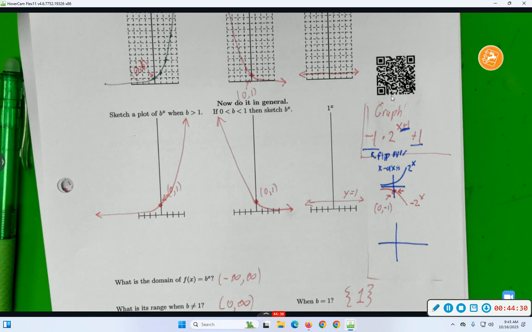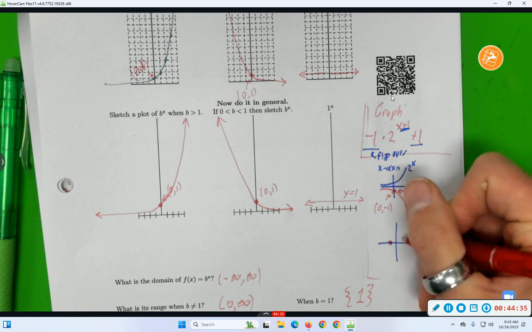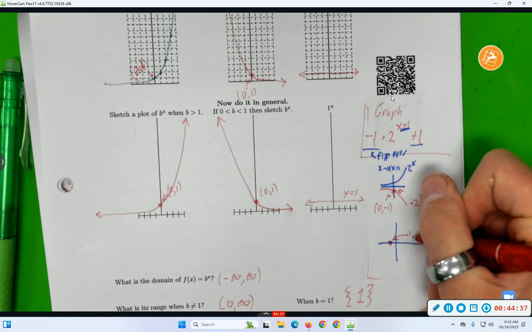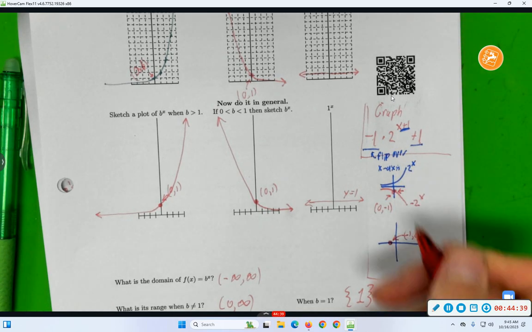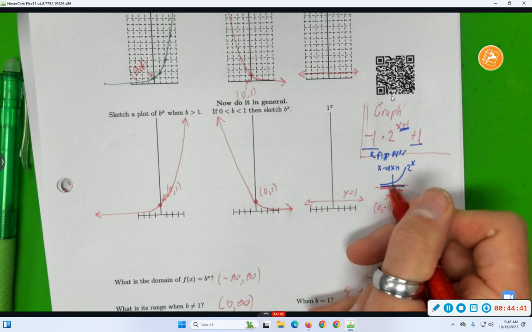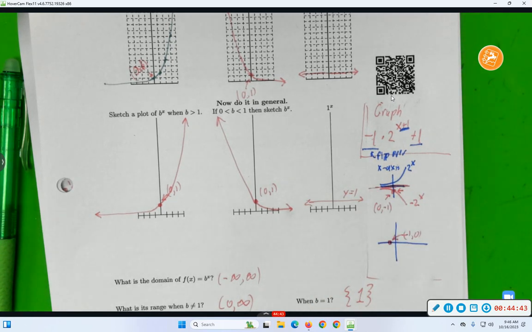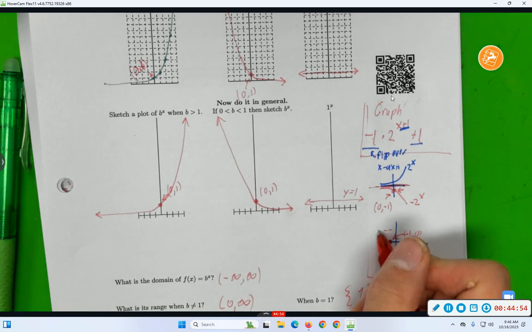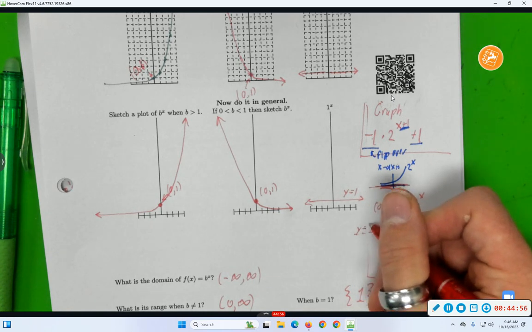I hear a -1, 0. Let's also pay attention to that horizontal asymptote. I have a horizontal asymptote of y equals 0 right now. What happens when I move left 1 and up 1? Where is it now? 1. There's a horizontal asymptote over here at y equals 1.